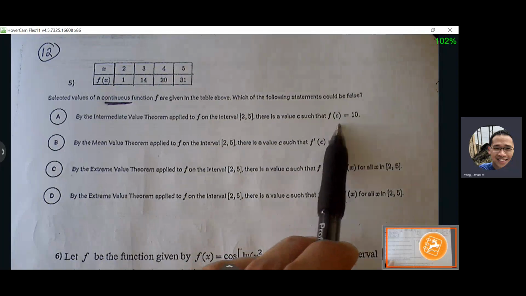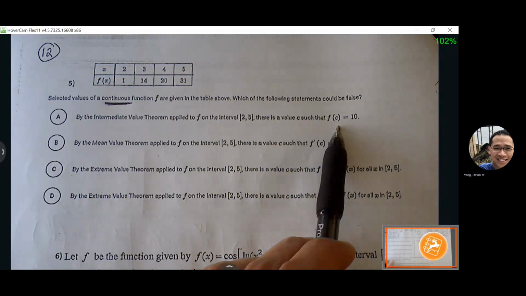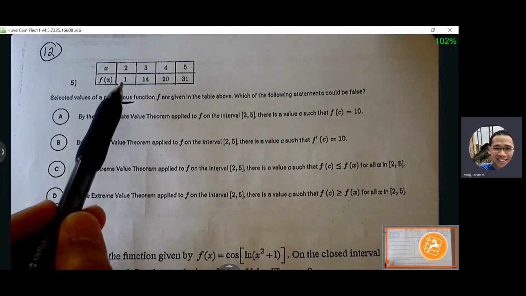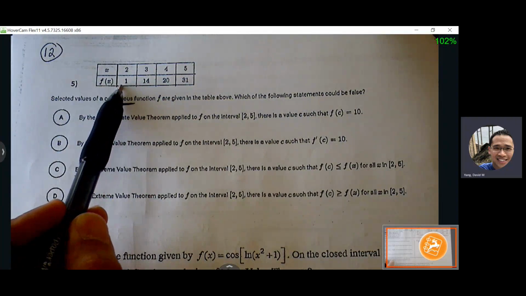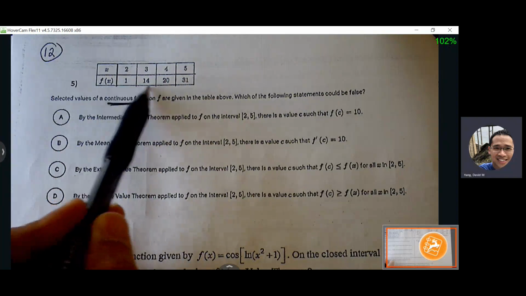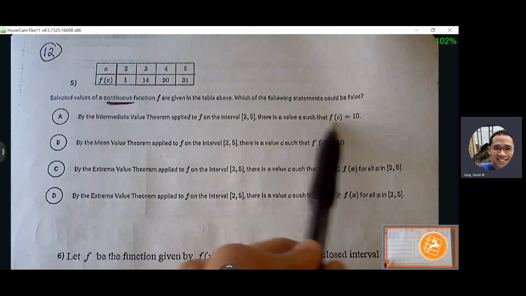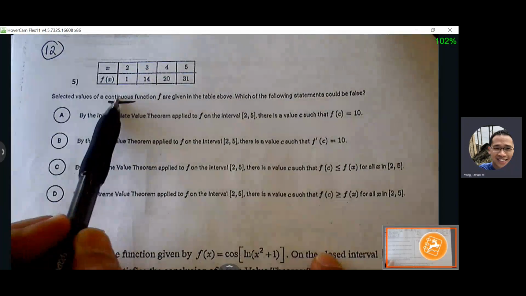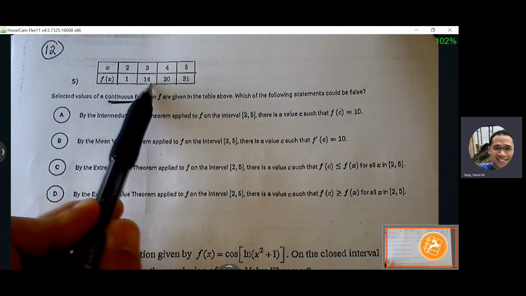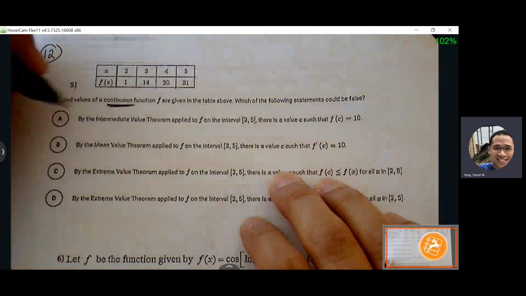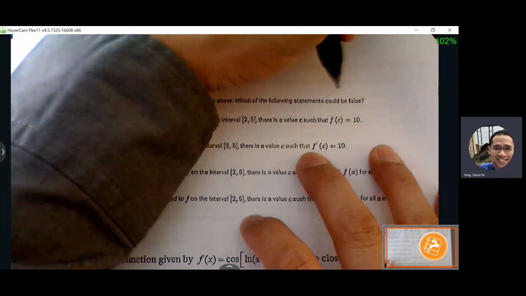Continuous. All right. So if I start at y value of 1, and if I end up at y value of 14, I have to do what? It's got to cross 10 somewhere along the way, right? Because I know it's continuous, so it's got to hit every y value between my lowest and highest. Okay. So we know this is true, but we're looking for false.